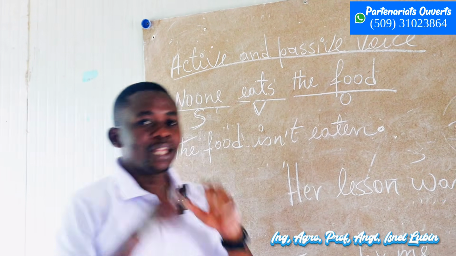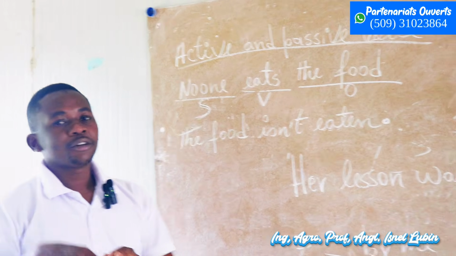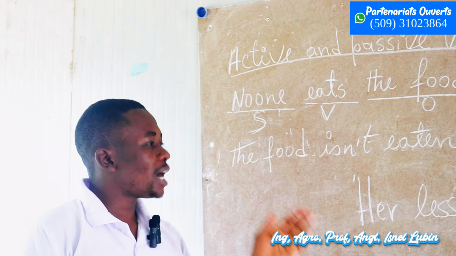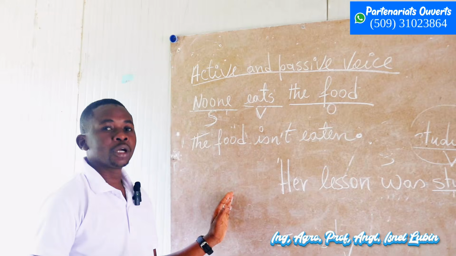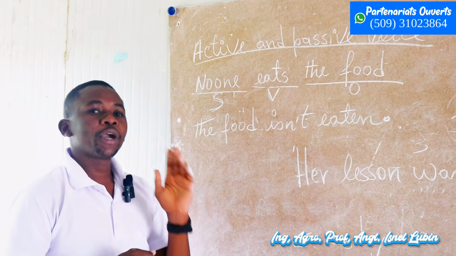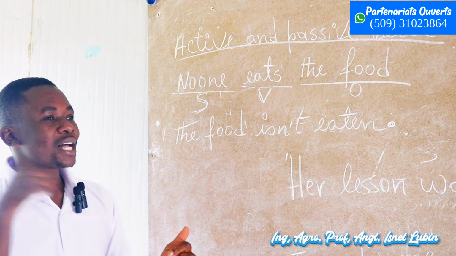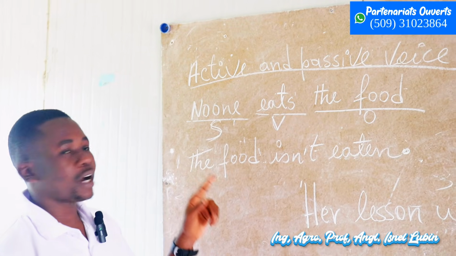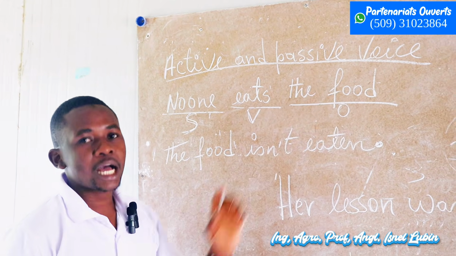In active voice, the subject does the action. The subject performs the action. However, in passive voice, the subject receives the action. To transform a sentence from active to passive voice, first of all, you have to identify the subject, the verb, and the object.